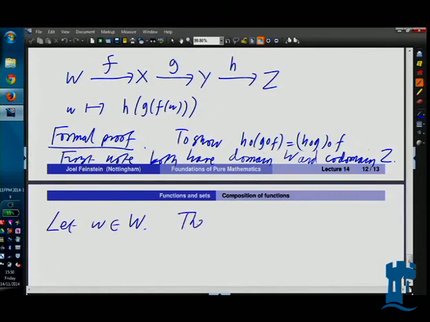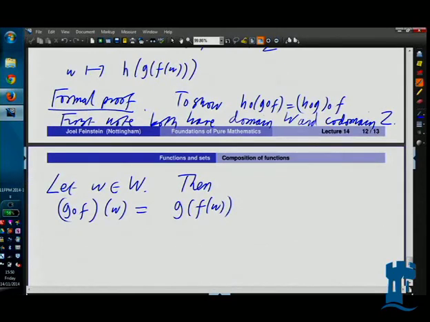Then g composed with f of w is g of f of w. That's the definition of the composite function. And so h composed with g composed with f, what does that do?